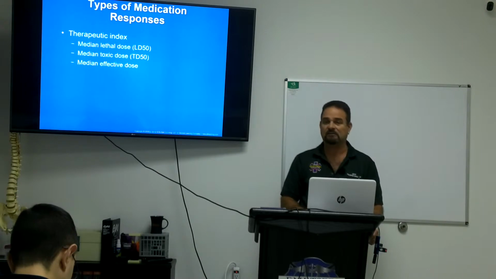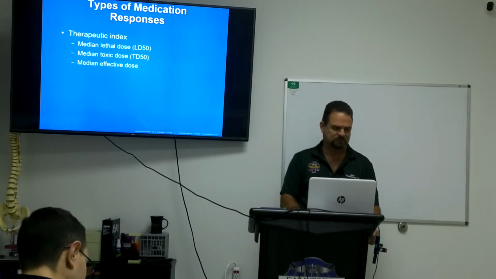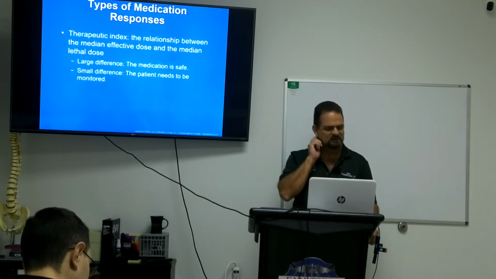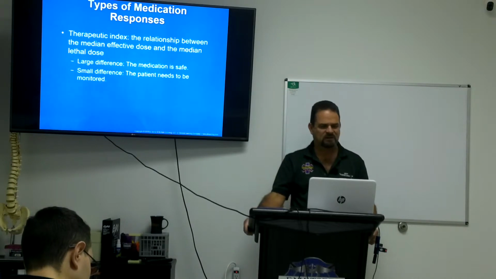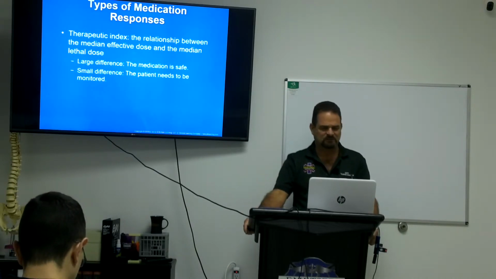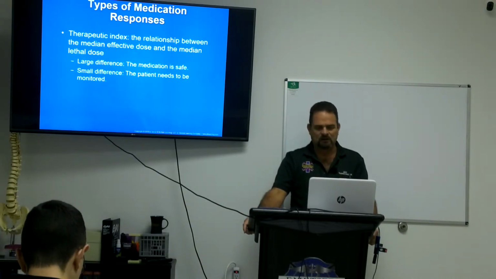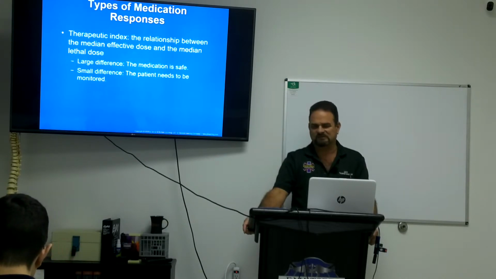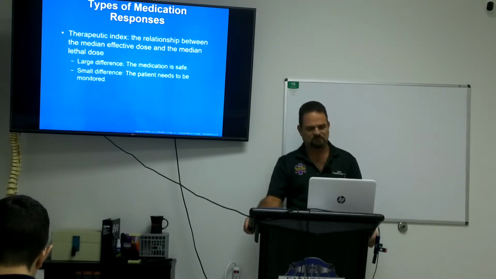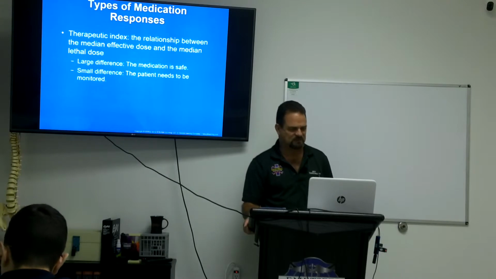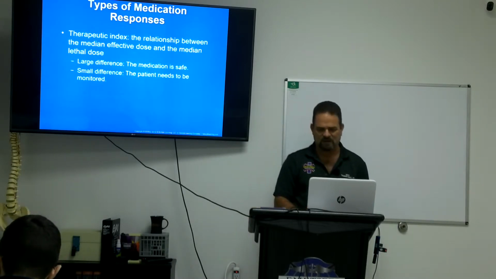And then finally, you have a median effective dose. Therapeutic index is the relationship between the median effective dose and the median lethal dose. If there is a large difference, the medication is considered safe. If there is a small difference, the patient needs to be carefully selected and monitored.